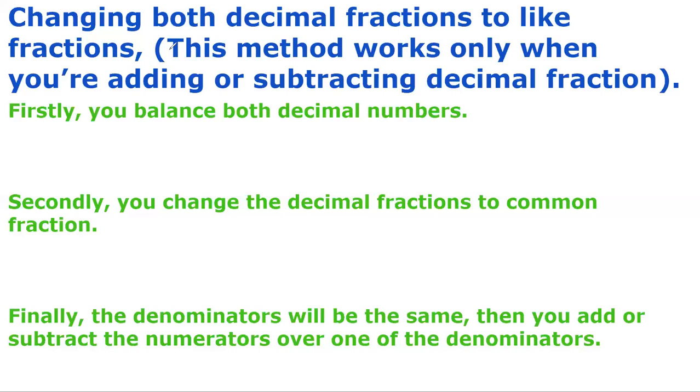Okay, you change the decimal fraction to common fraction. A fraction is a part of a whole. A decimal fraction is a number with a point, so you change it to a common fraction, which means you are going to change to the state of having a numerator and a denominator. A fraction has a numerator and denominator, but in a decimal fraction we don't have a numerator and denominator.